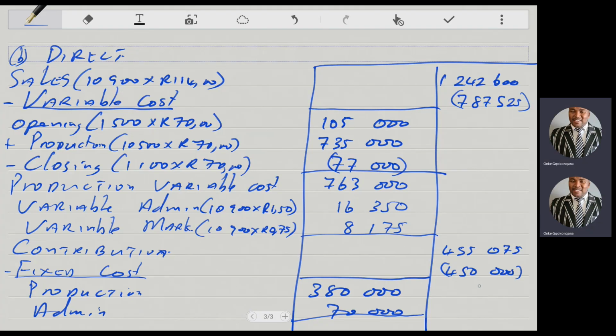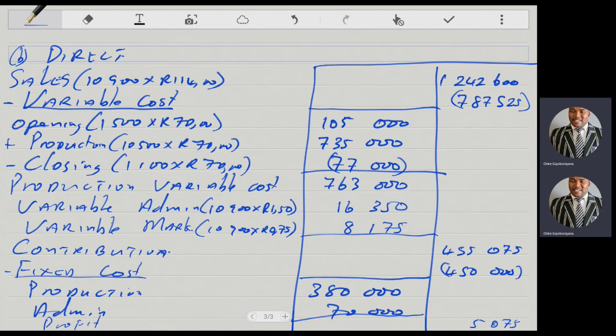Then minus that from the 455,075. So according to direct method, we do have a profit of 5,075.